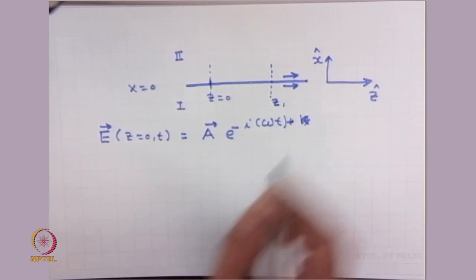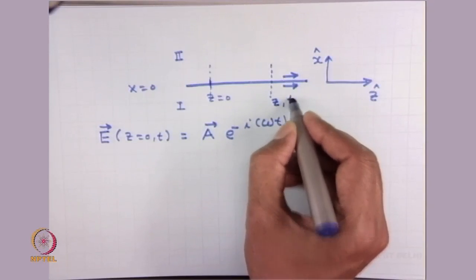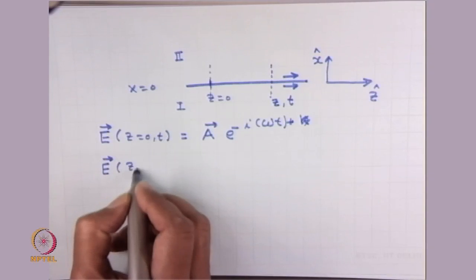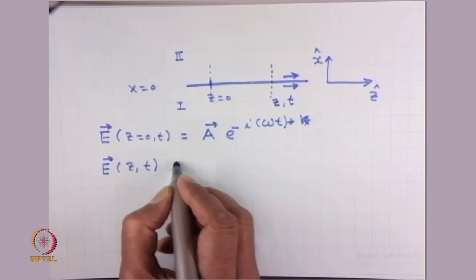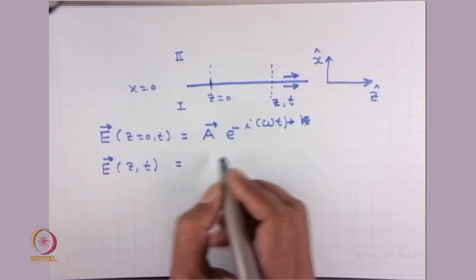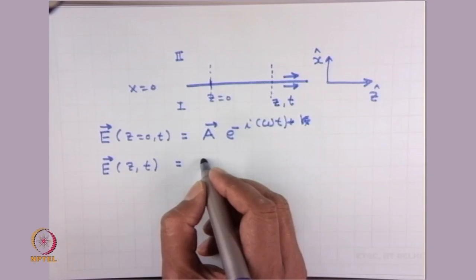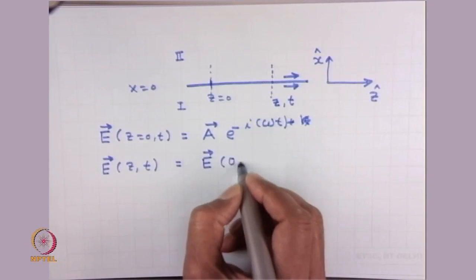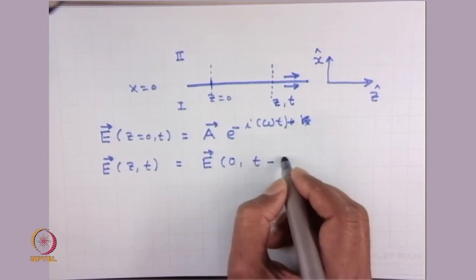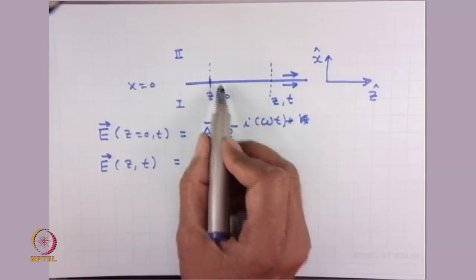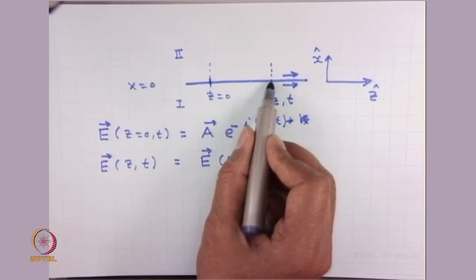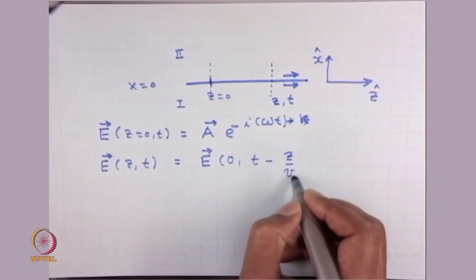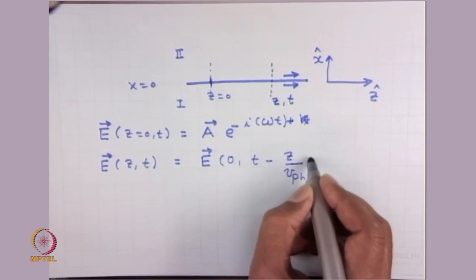I would expect the field at z at time t to be the same as E at z equal to 0 at an earlier time t minus the time the signal takes to travel from z equal to 0 to z, and that is z by v phase, where v phase is the velocity of signal propagation.